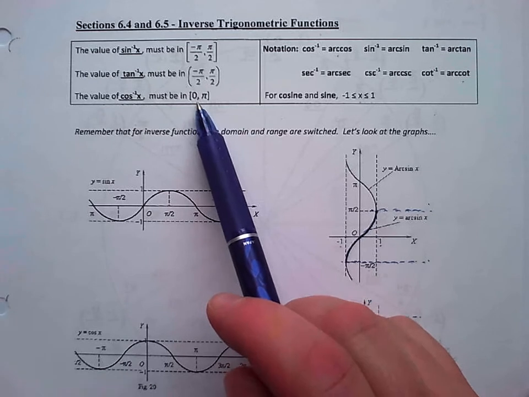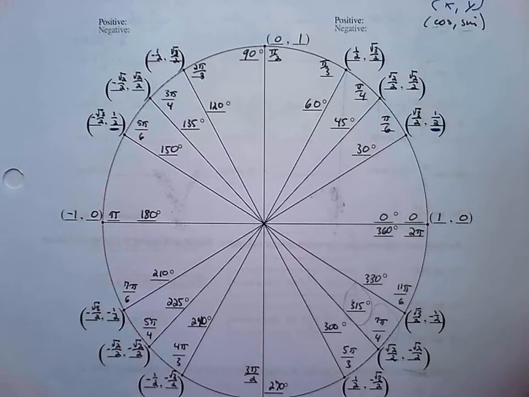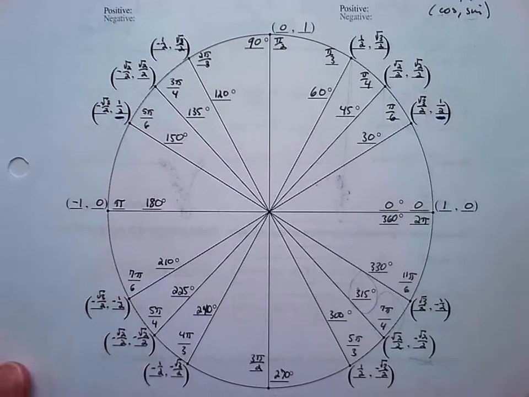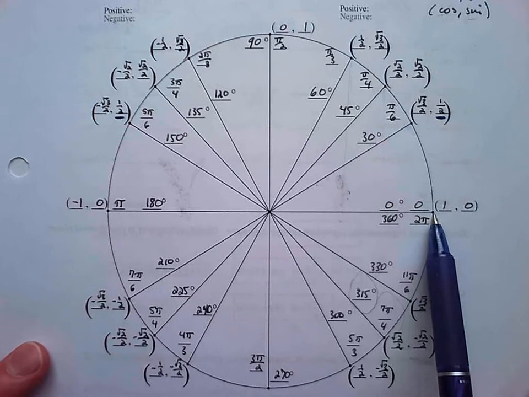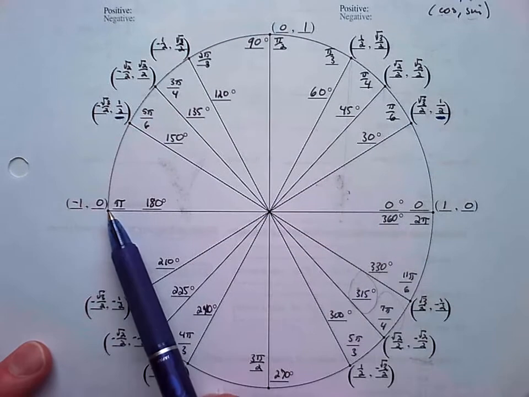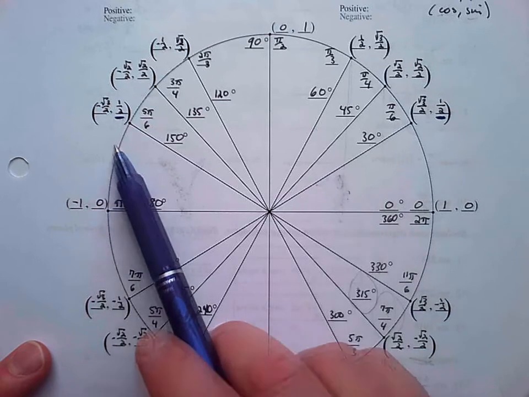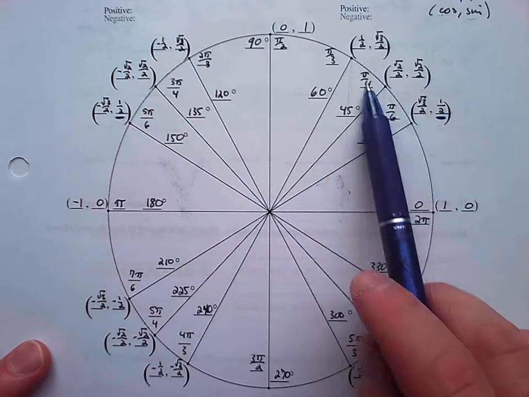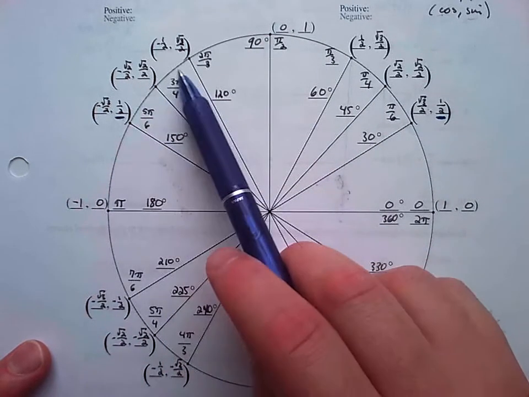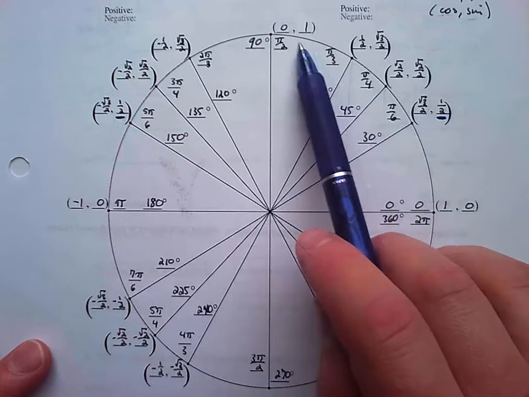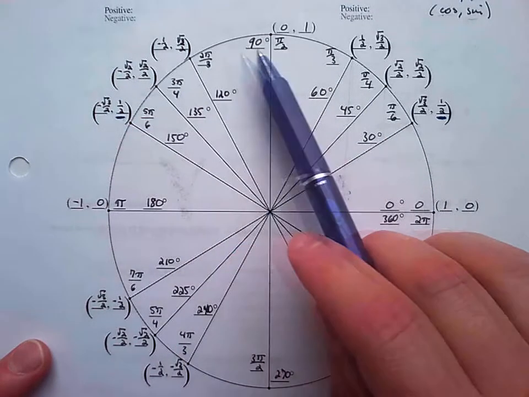So therefore, we have to stay between 0 degrees and 180 degrees. If we go back to our unit circle, 0 is over here, and 180 degrees would put us over here. So therefore, for the inverse cosine, we're only going to be using this half of the circle, because that goes from 0 degrees to 180 degrees.